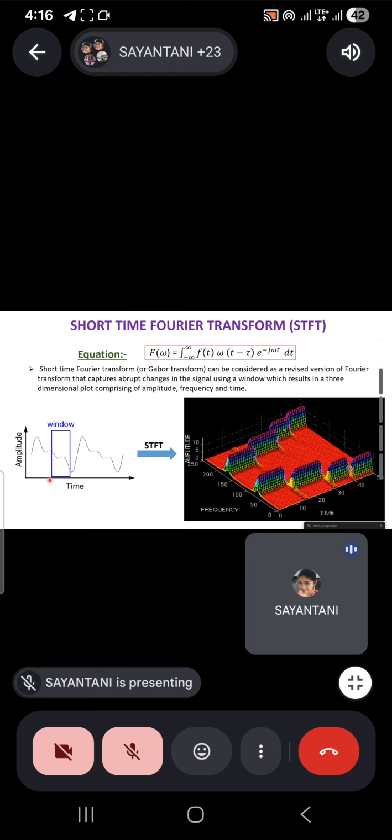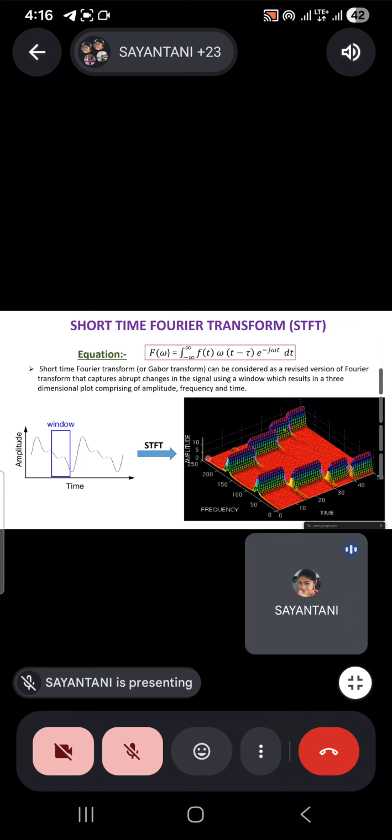So once we apply this windowing mechanism to capture the abrupt changes in the frequency components, we get an output something like this. And this plot is not a 2D plot like we had obtained in Fourier transform, but rather it is a 3-dimensional plot.